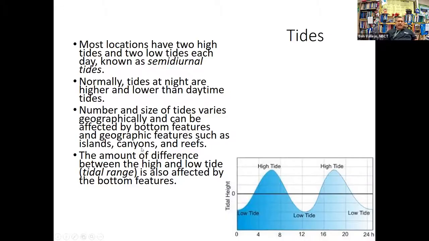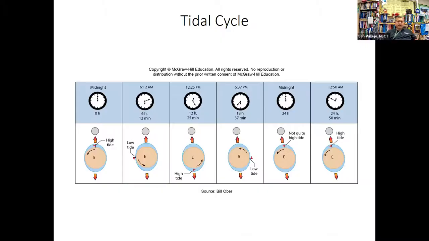There's a place in Canada called the Bay of Fundy, which is known for its very big tides, and because it's in a bay, during the course of the day you have a really big change in the heights of the low and the high tide. And so we would say that that area has a very high or very large tidal range.